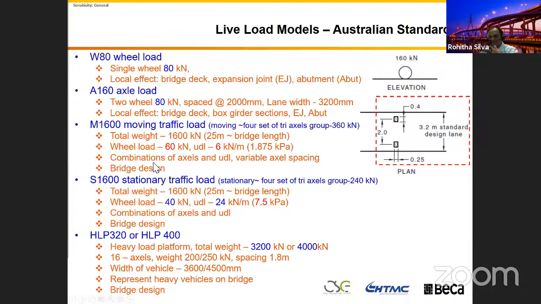And then in addition to that, we have the uniformly distributed load, 6 kilonewton per meter or 1.875 kilopascal. And this load consists of a combination of axle load and the uniformly distributed load.